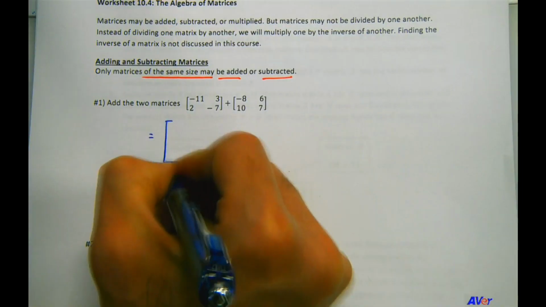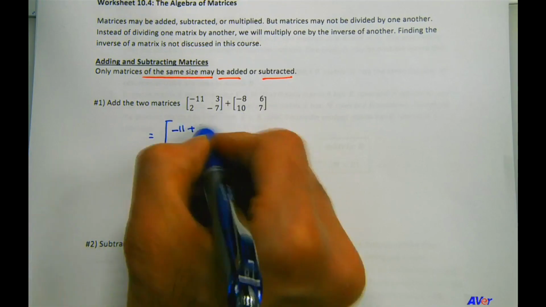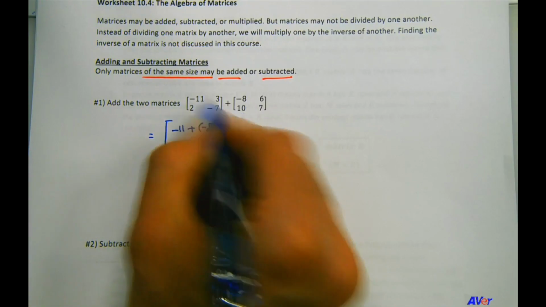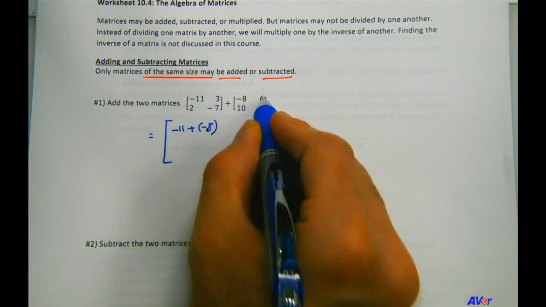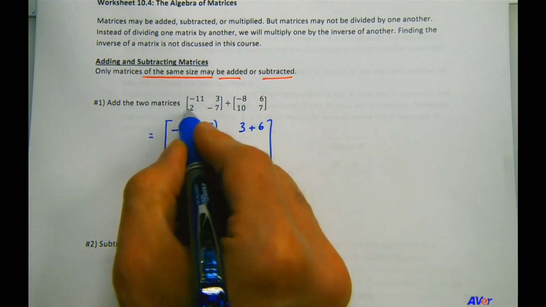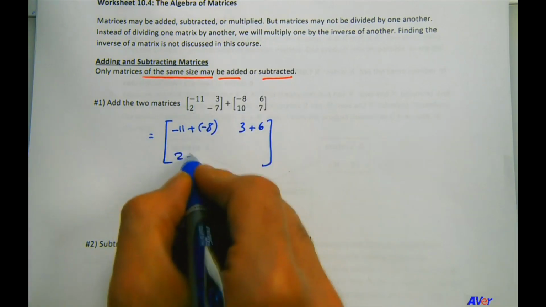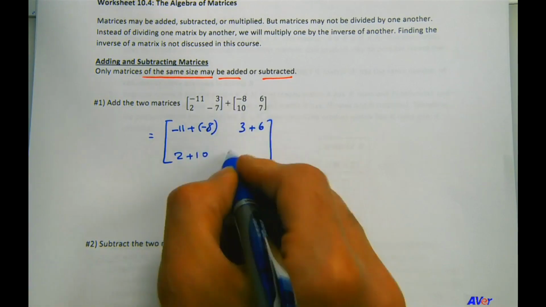Looking at that, we just add the equivalent terms in both matrices. So this is equal to minus 11 plus minus 8, right? Then 3 plus 6, 2 plus 10, minus 7 plus 7.